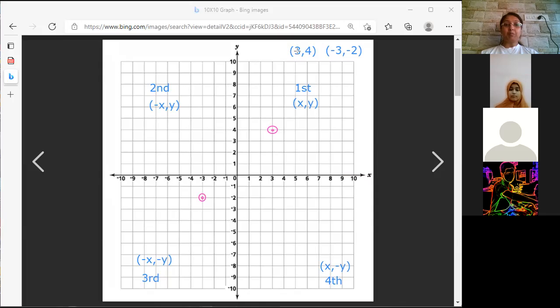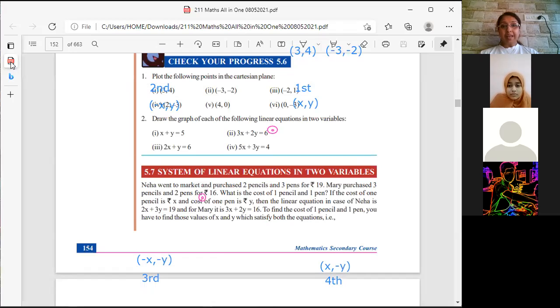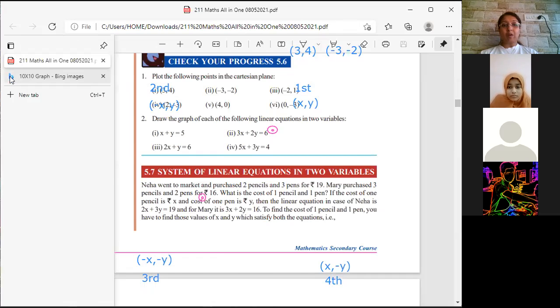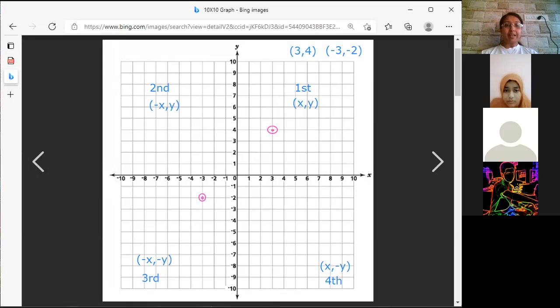Now let me move to the next point. Anybody whose textbook is open can give me the point so I don't have to toggle between the two screens. Can you give me better? Or do you want me to go to the screen? Okay. The next point is -2 and 1. So I very quickly write down the point -2 and 1.